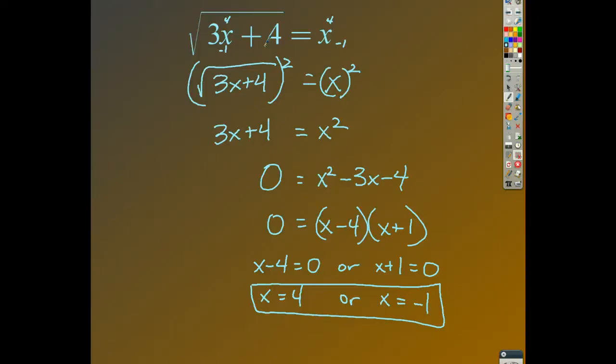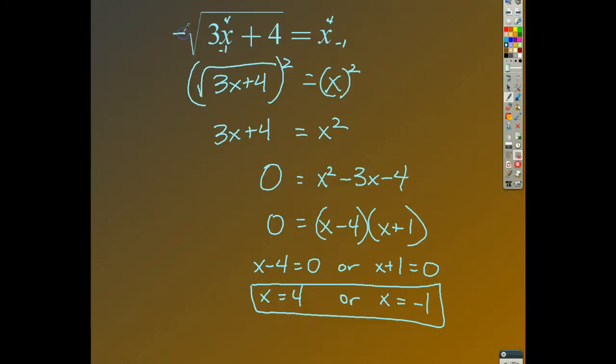Well, that one is not necessarily going to work, because what we're asking for is the positive square root here. So this negative 1, this is what's known as an extraneous solution, okay? Because when we squared it, we sort of created two possibilities. But when you go back and check it, you realize that the square root now is going to be negative.